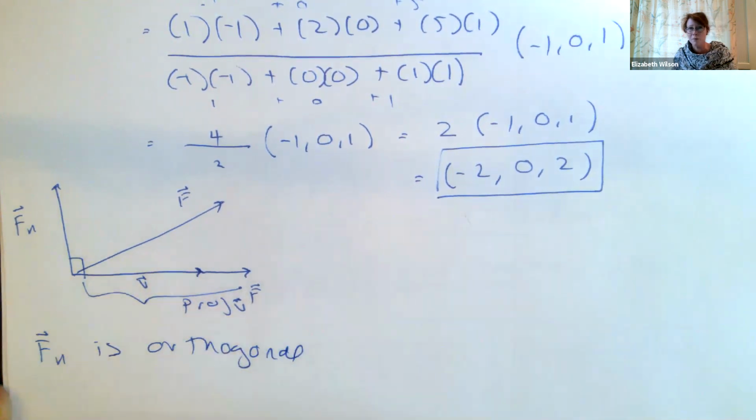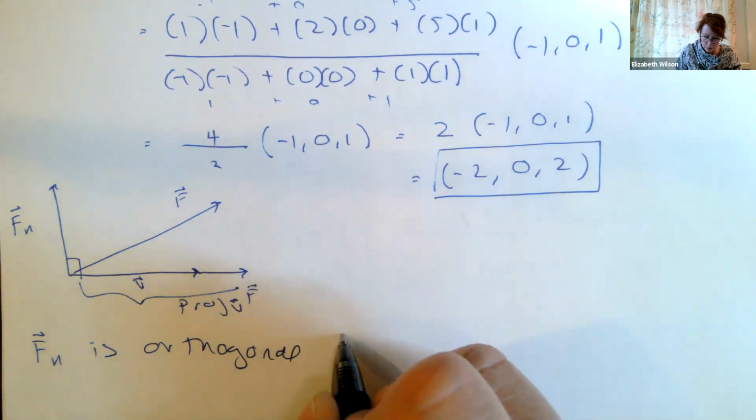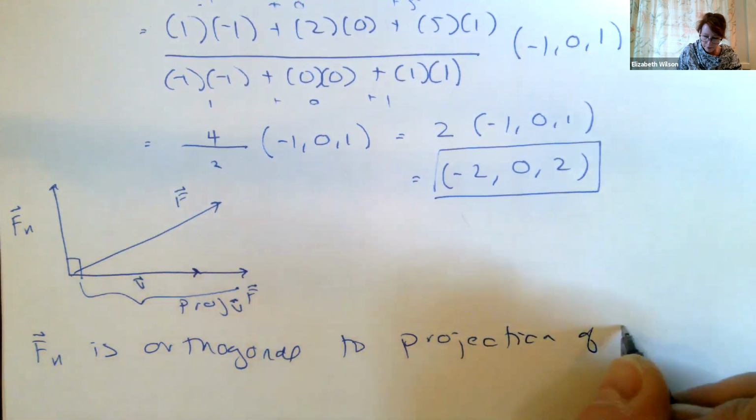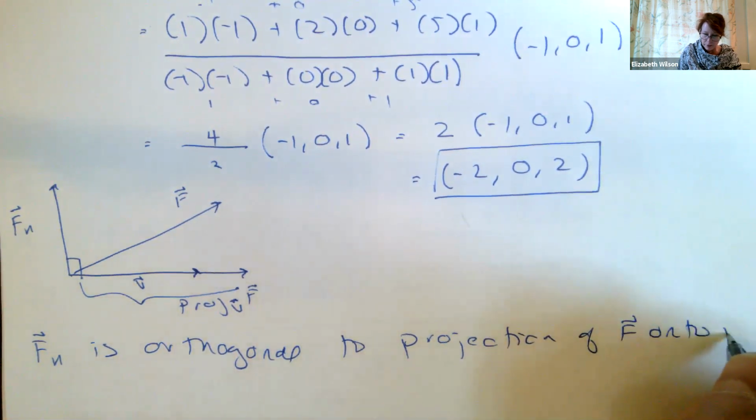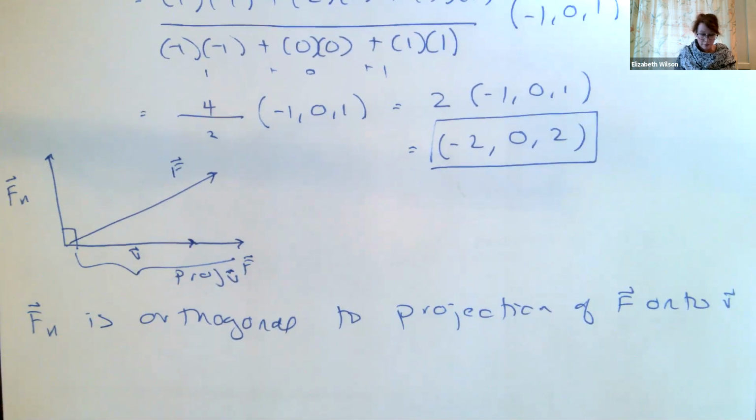N means normal. So remember we have all these names for perpendicular. Orthogonal to projection of F onto V. Okay, I'm just going to use vector addition to help me figure that out, right?